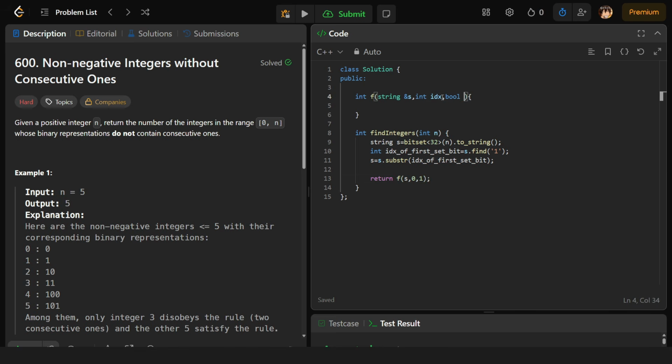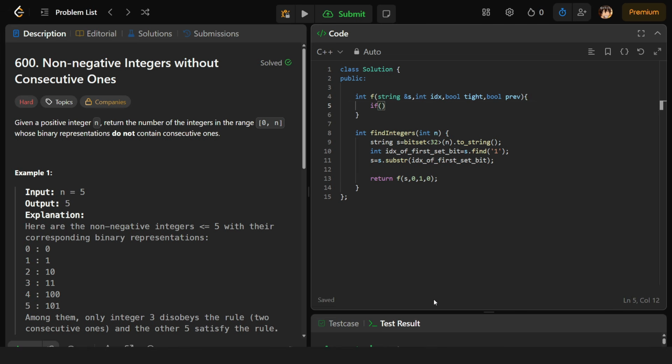So bool of tight, right? And also, since we want to know the status of the previous digit every time, we can say that initially it is false, that is, consecutive ones are not detected yet, right? So bool of previous.